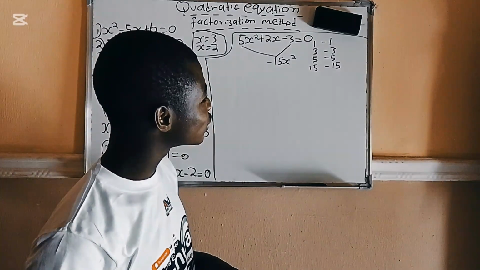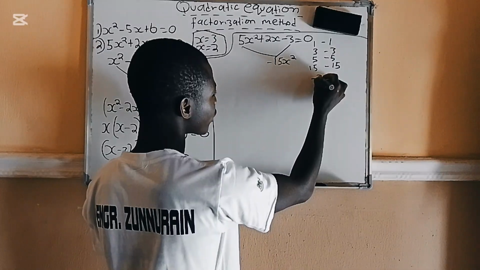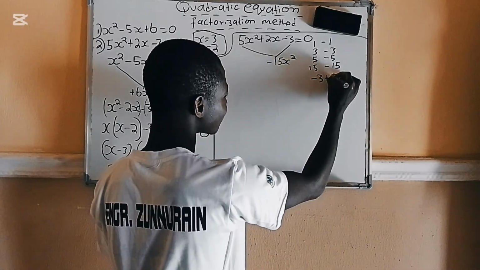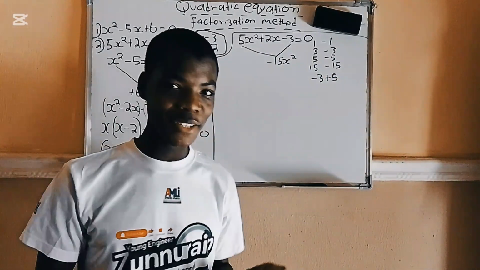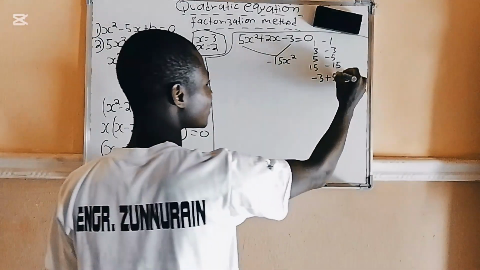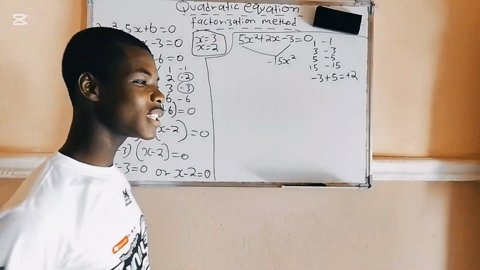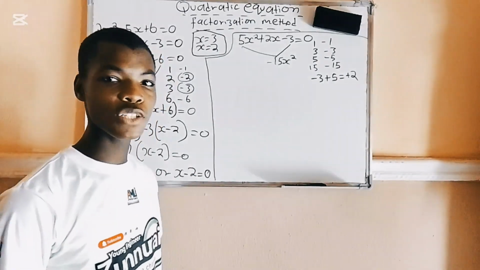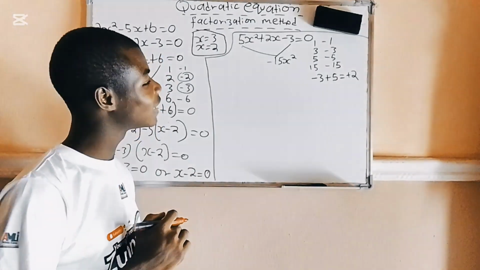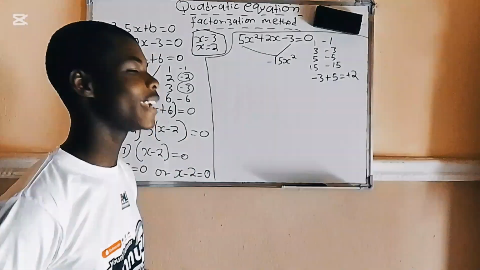So what I'm going to do next, if I took minus 3 plus 5, then add 5 to it, it will be equal to positive 2. And therefore, minus 3 multiplied by positive 5 will give you minus 15x squared.